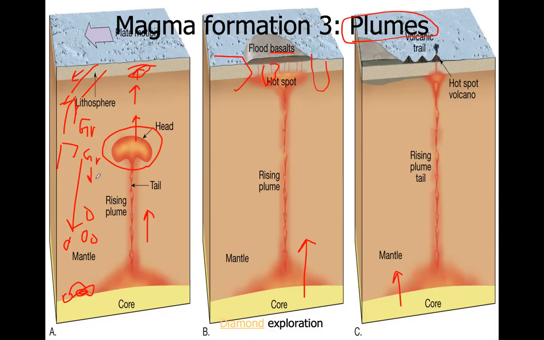Some part goes deeper and deeper, and this graphite is not stable because the graphite structure is different. It's a flaky structure. It is not stable under high pressure conditions. Under low pressure and high temperature conditions, graphite is stable.